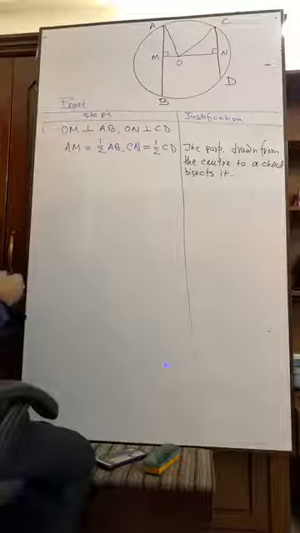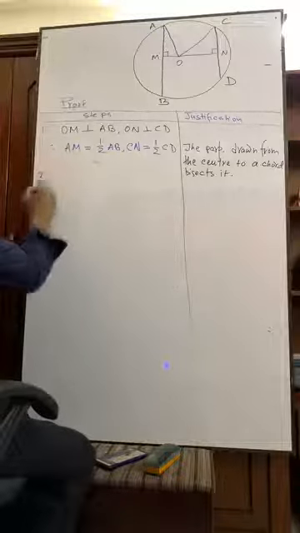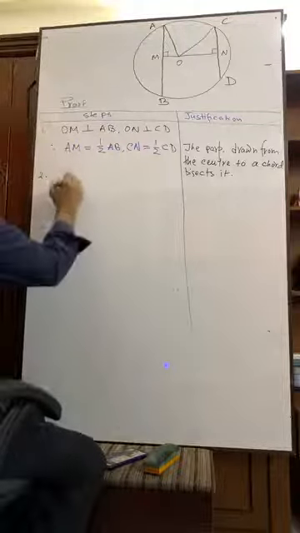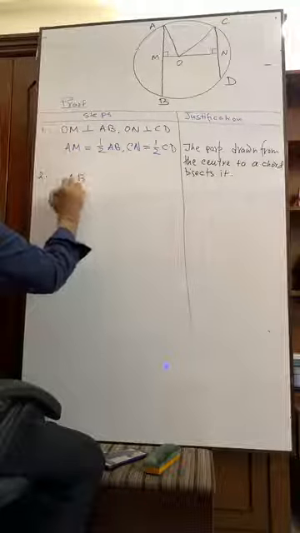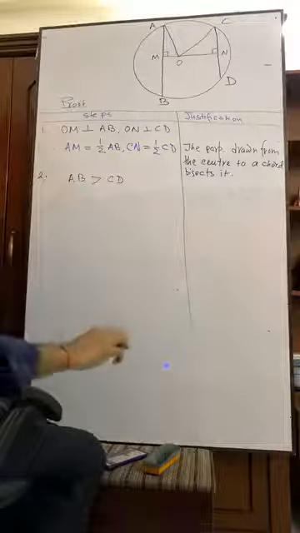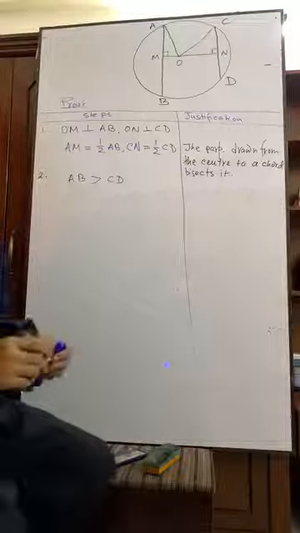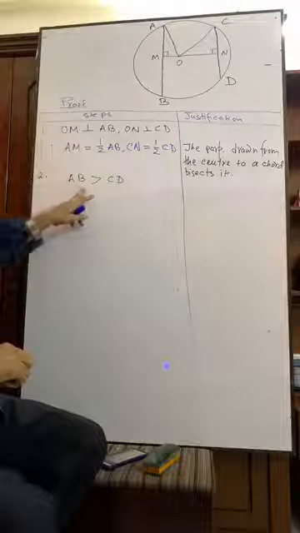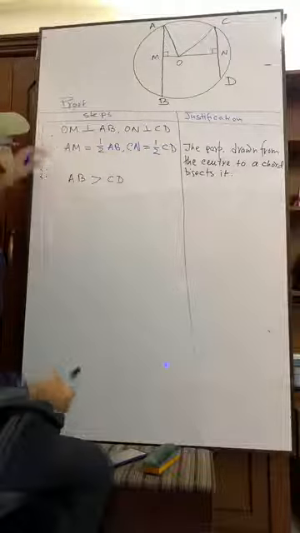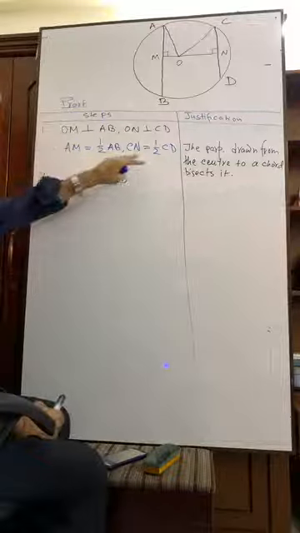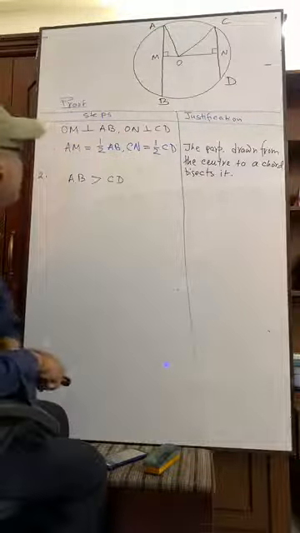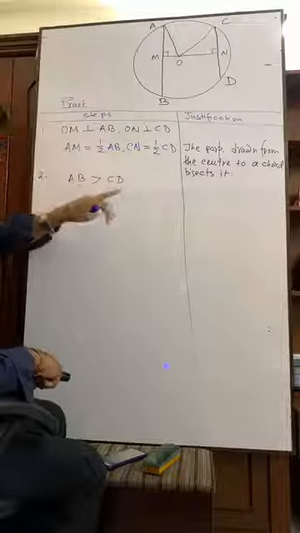Now number 2. In number 2, what was given in the particular enunciation? That the length of the chord AB is greater than the length of the chord CD. Can you remember? AB greater than CD. That's good. But in step 1, we have half AB, half CD. So isn't it better to multiply it by half?